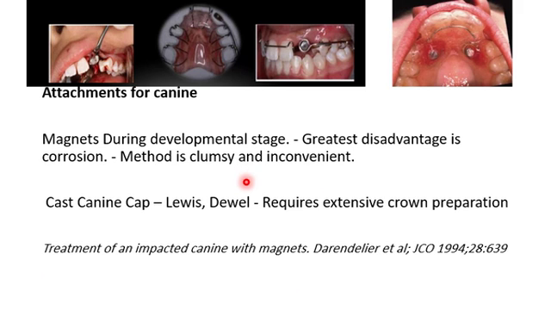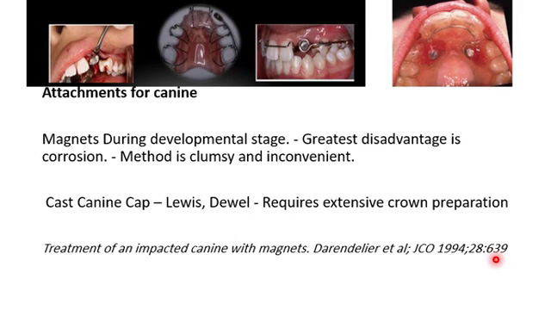The method is clumsy and inconvenient. Another method, here is one with magnet. Cast canine cap, by Lewis, requires extensive crown preparation. Treatment of an impacted canine with magnets.